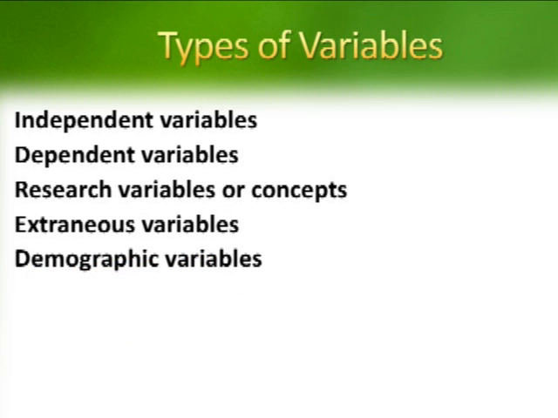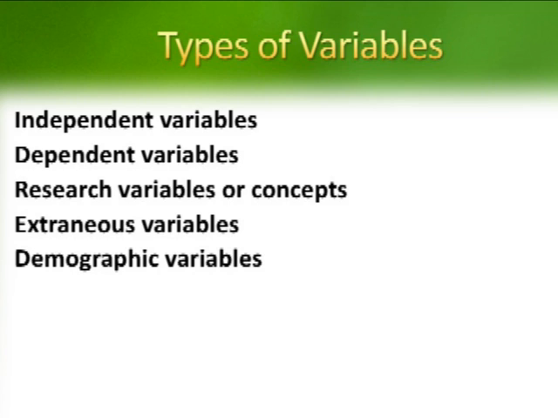Now, there are different types of variables: independent, dependent, research, extraneous, and demographic variables. The relationship between independent and dependent variables is the basis for formulating hypotheses for correlational, quasi-experimental, and experimental studies. And we're going to get into this when we get into design. However, what you need to remember is the independent variable is the activity that is carried out by the researcher to create an effect on the dependent variable.